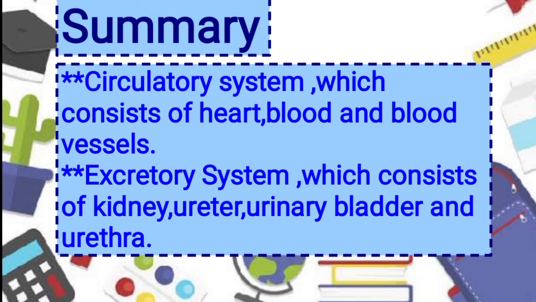The formation of urine takes place inside the kidney. Urine contains harmful waste products from inside the body. So ureters carry all that urine from the kidney to the urinary bladder, and the urine stored in the urinary bladder is excreted through urethra out of your body.